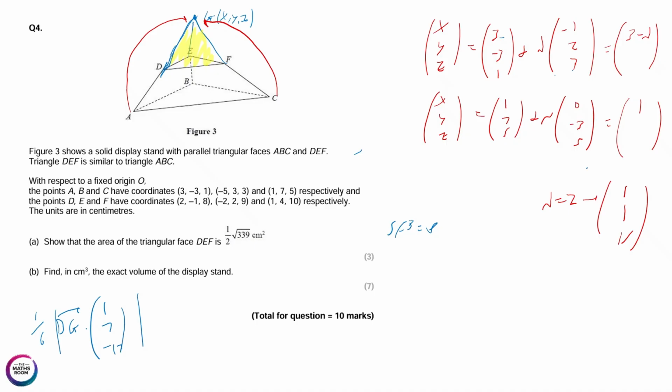Okay, so that's good. So now what we're doing, we're coming back down here, and we're going to do a sixth of the vector DG. So DG is G minus D, obviously.